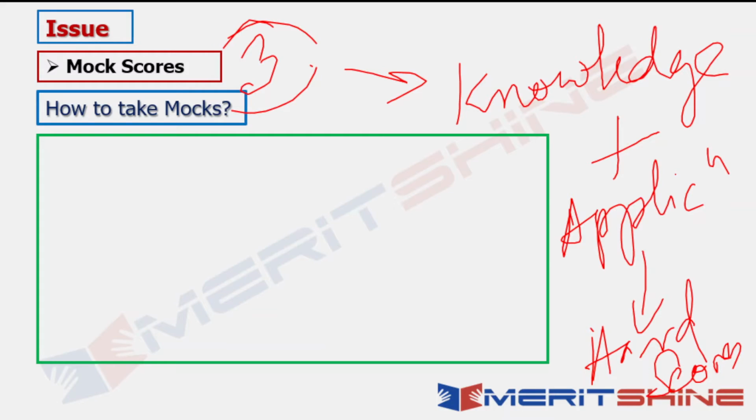Let me come on the screen for that. You see, first let's understand why this happens. Now this can happen for multiple reasons. You might be panicked inside the exam. Whenever you take a mock test or a test, you get very tensed and stuffed up and end up not answering the questions to the fullest of your capability.